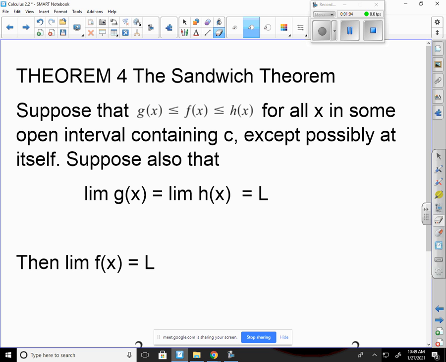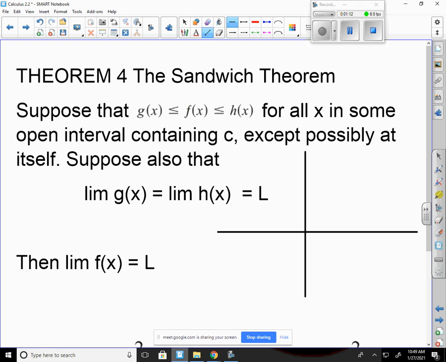So I'm going to describe it graphically to you, just so you can see what we're talking about here. So let's say I have some value g of x, okay? And we'll say that g of x comes down and curves like this.